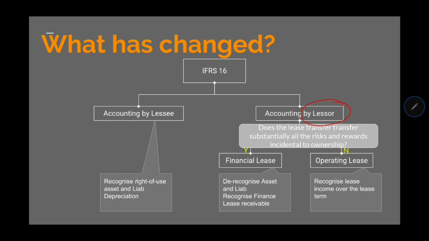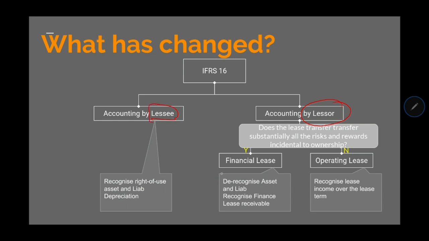There is only one accounting treatment for lessee in the new standard, and it simply wants the lessee to recognize a right of use asset and liability in both financial and operating lease. There is no more classification between financial and operating lease for lessee in the new standard.